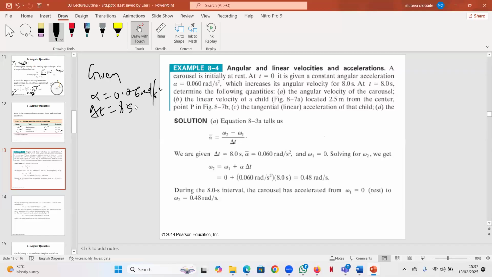A, the angular velocity of the carousel. So how do you calculate the angular velocity? Angular velocity is equal to the displacement divided by time. So from here, it's quite easier for us to move on.